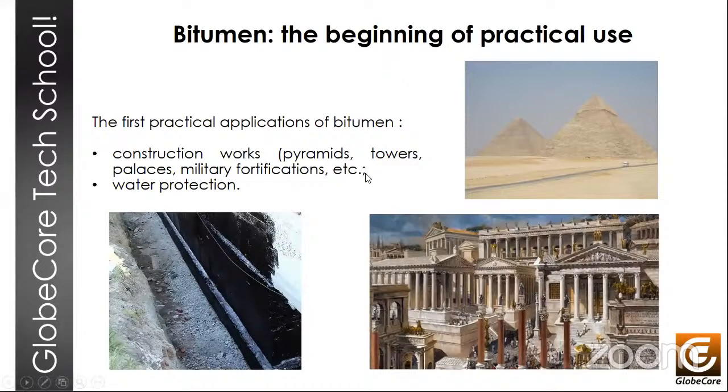It was also used by the ancient Romans for construction work and for protection from water. However, during the construction of roads, bitumen did not find any real application for a very long time. Even the Romans, who are pretty famous for their road structure in Europe, still did not use bitumen to construct the roads. Next slide.